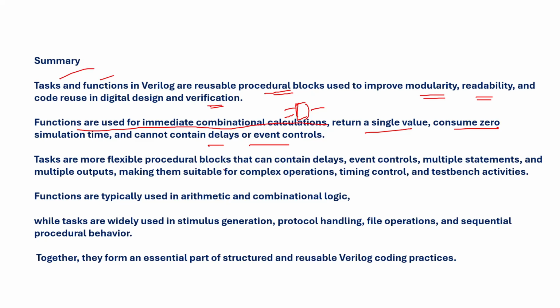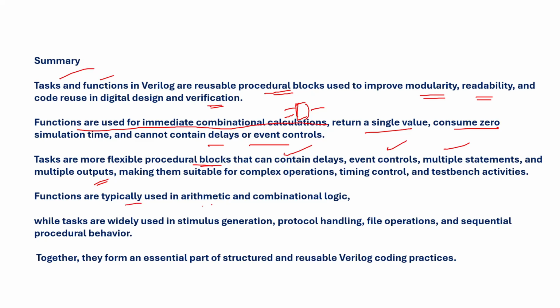And then tasks are flexible for procedural blocks because they contain delays, event controls, multiple statements. Multiple outputs are not allowed in functions. Here multiple outputs we will get. In a function, a single value only is returned.